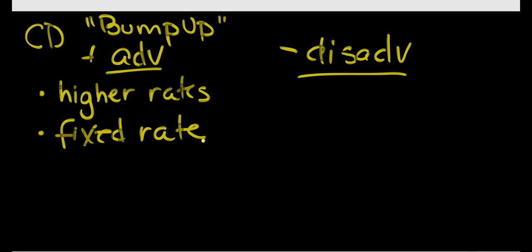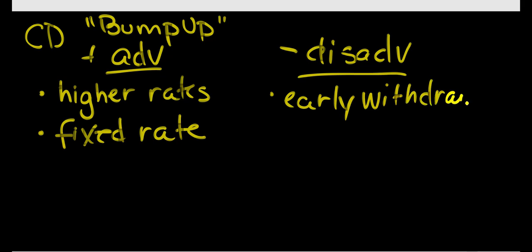Now, on the downside, remember we have an early withdrawal penalty. And those penalties could be significant. So you really have to think twice about how long you can really afford to keep this money locked away in this CD, or if you decide that you need to get the money, factor in that you're going to lose some of it because of the penalty.